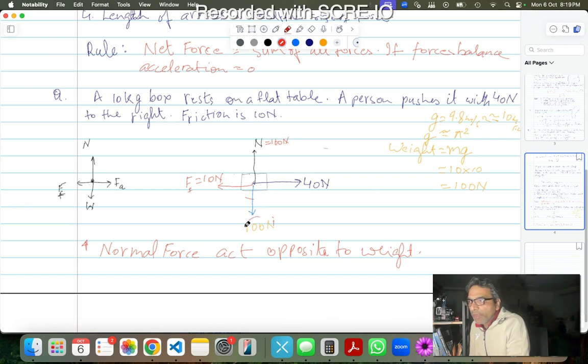Now you are wondering where the 100 Newton comes from. It is the weight, right? And the weight we have already calculated over here. This is the weight, right? What is m here? m is 10 kg. I'm taking g as 10, right?